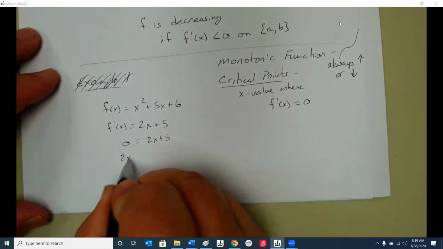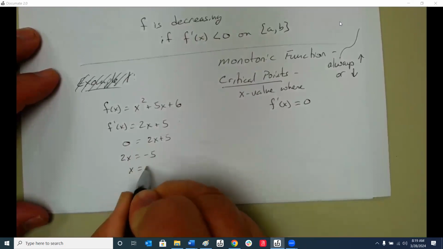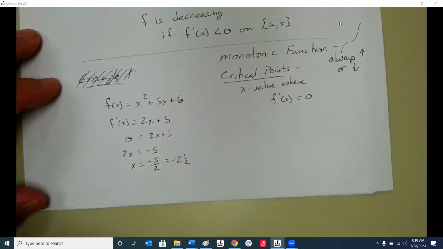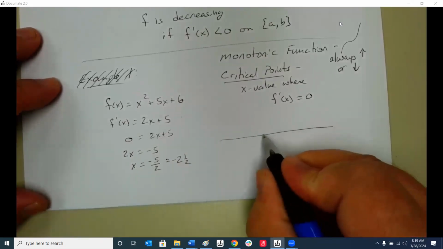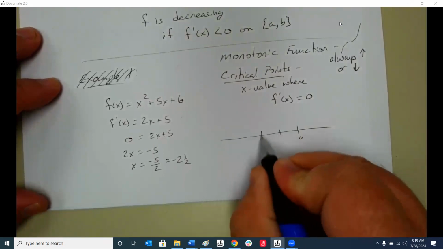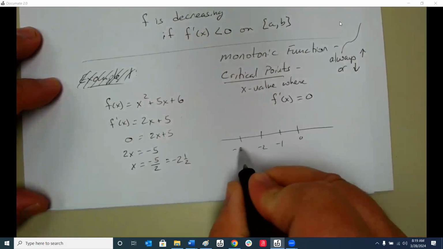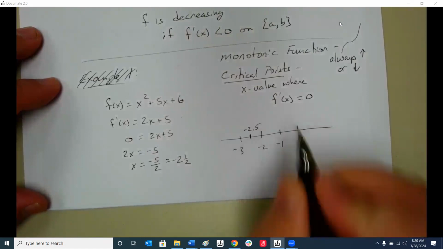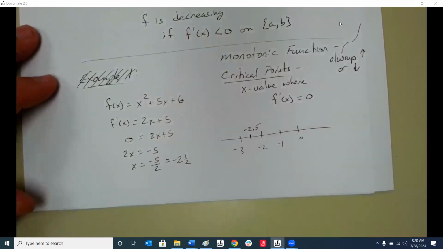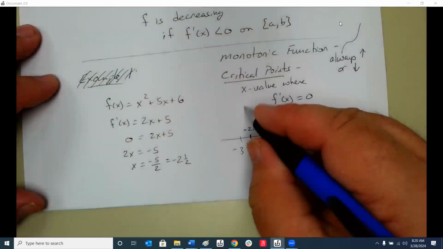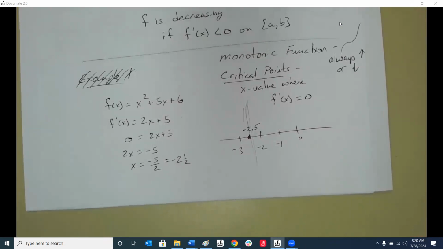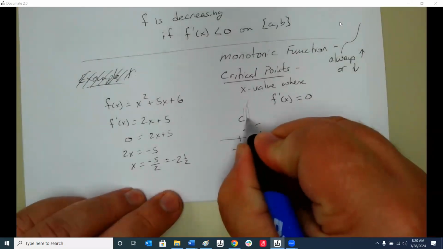So we have 2x equals negative 5, x equals negative 5 over 2, or negative 2 and 1/2. So there's negative 2.5. That is our critical point. Because we know at that point the slope is 0, which means at that point, somewhere up and down, we have the vertex. So that's our critical point.